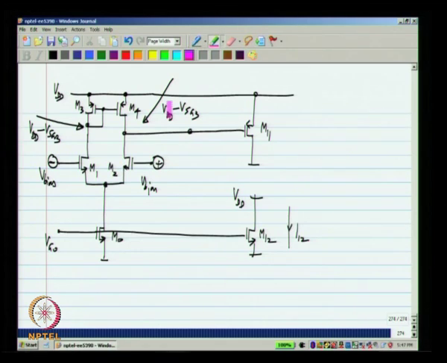Now, let us say with a gate voltage of VDD minus VSG3, or source gate voltage of VSG3, M11 carries some current I11. Okay. Now, what happens if we connect these two together?